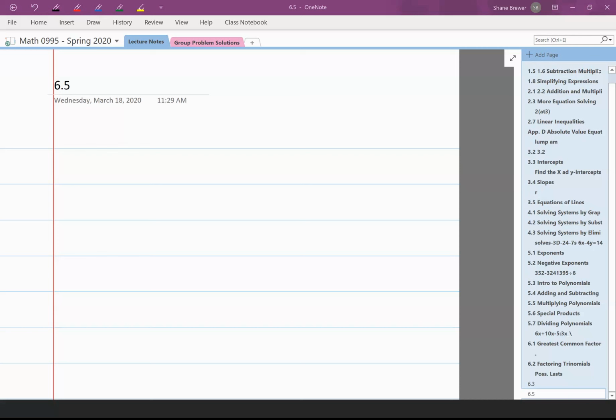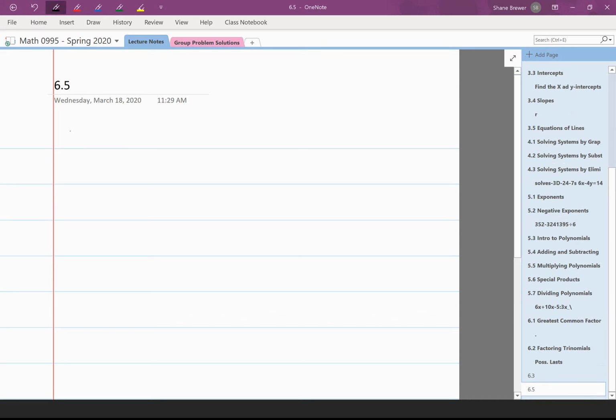Okay, I'll show you a couple problems so you can get used to them. We are doing what is called factoring by special products.